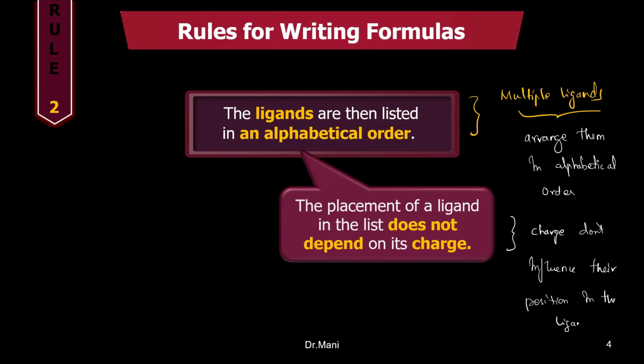This is the second thing you need to know. And remember, this ordering is strictly based on alphabetical order. That is very, very important, regardless of any chemical properties. Is that clear?